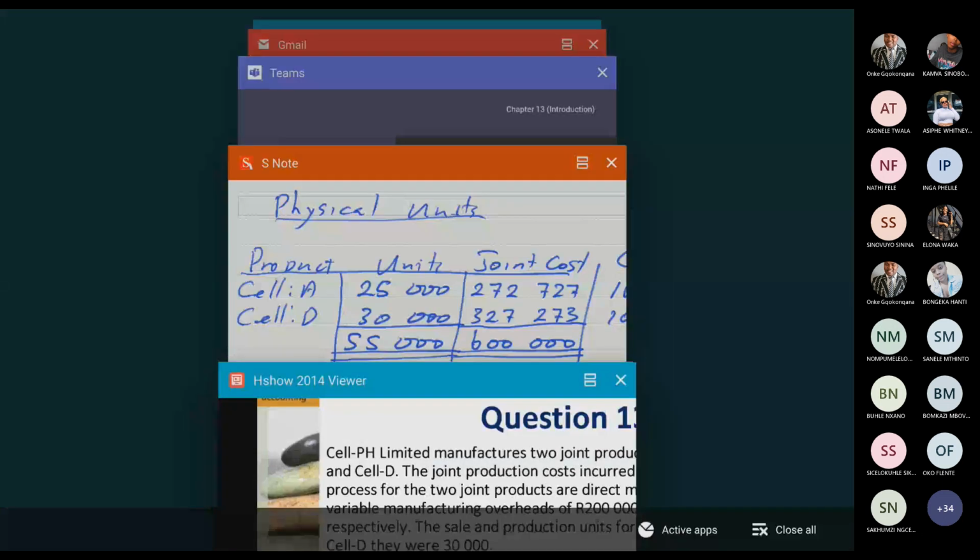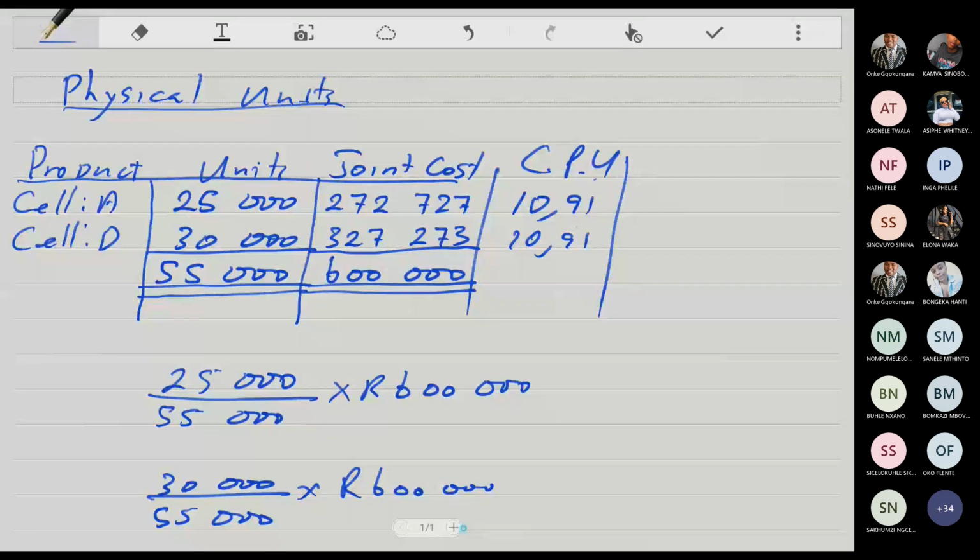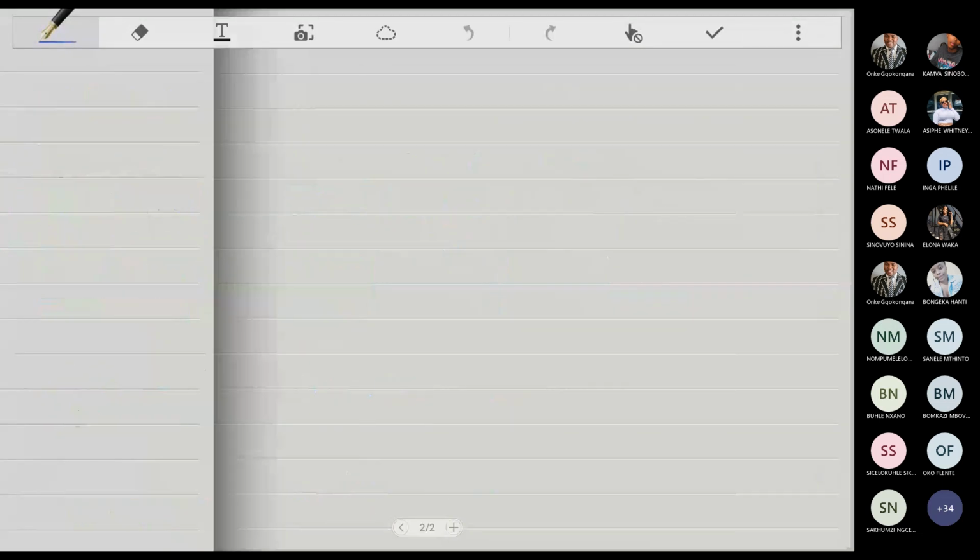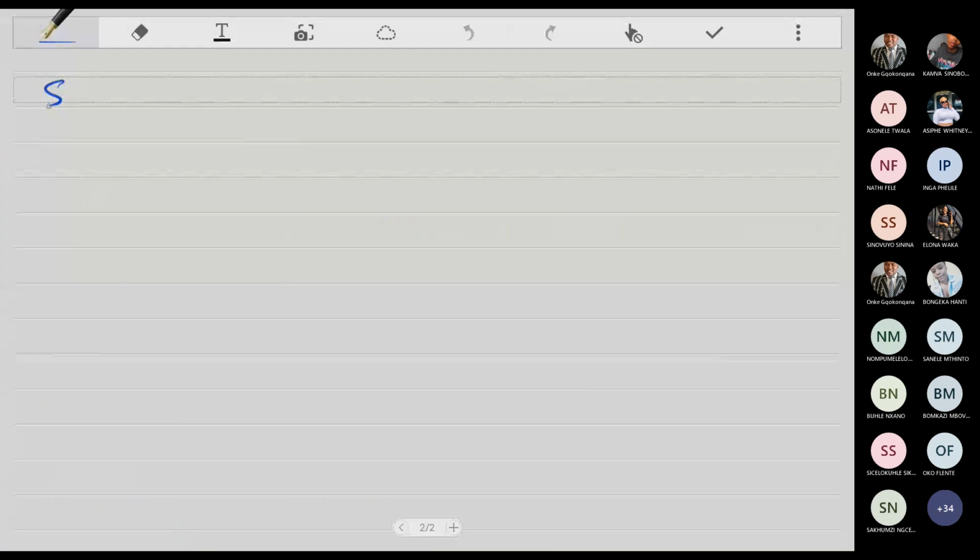So let's see how we are going to do our calculation. We're looking at sales value at split-off point.